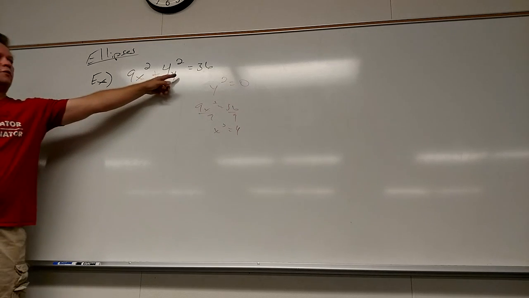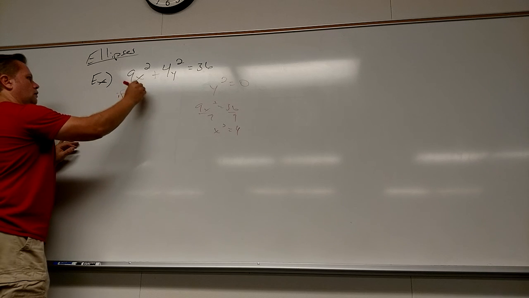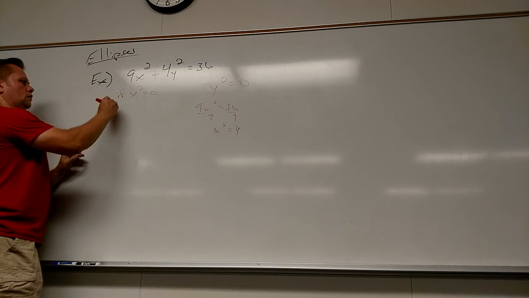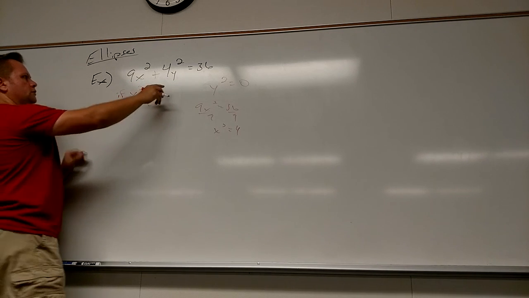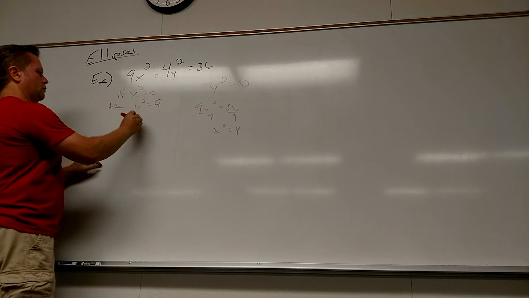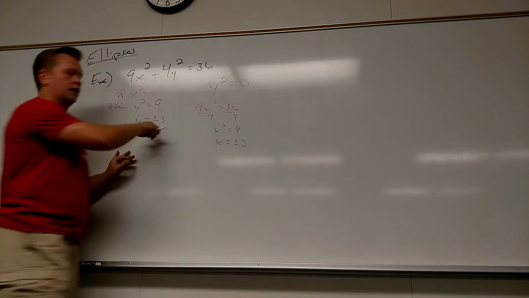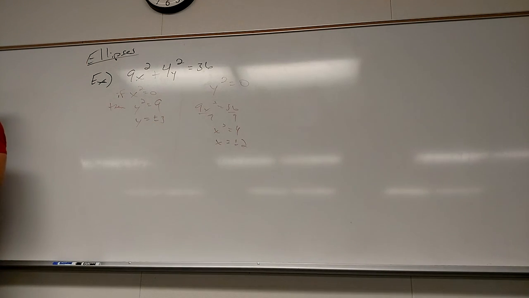Now, I do the same thing for the y. If x squared is 0, then y squared would equal what? 9. So that would be plus or minus 3. So this is going to go out 2, and that's going to go out 3. Let me stop right there.